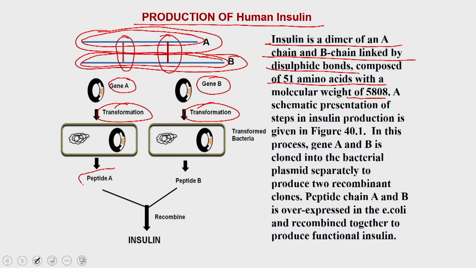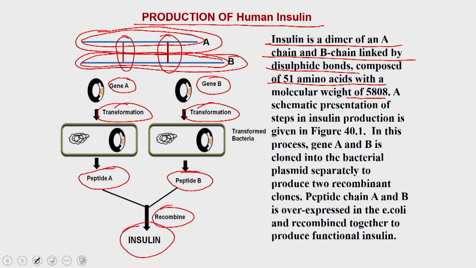The bacteria give you peptide A, whereas the other gives you peptide B, and then you purify them, recombine peptide A and peptide B, and that is how you have insulin at the end.